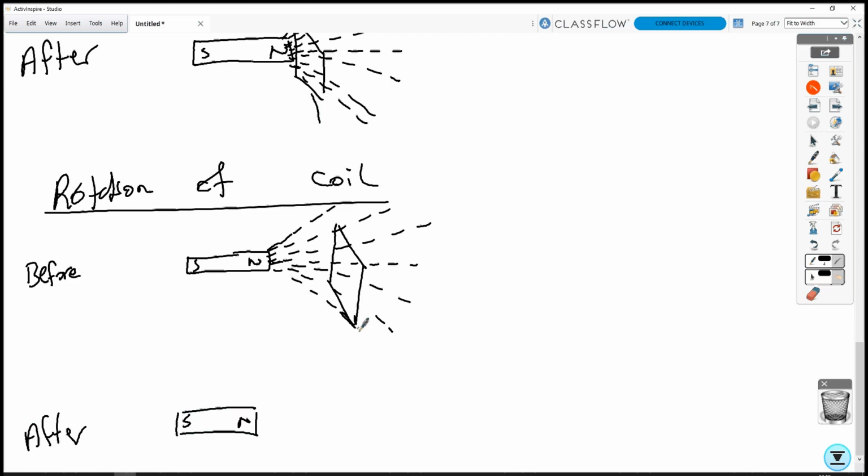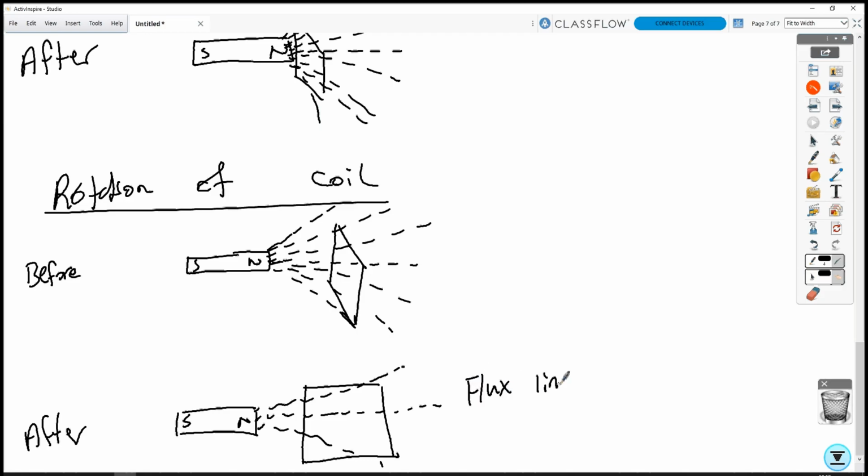Now, as we rotate that coil so that it's sideways, in this situation, the flux lines pass parallel to the coil. So that gives us 0 flux.